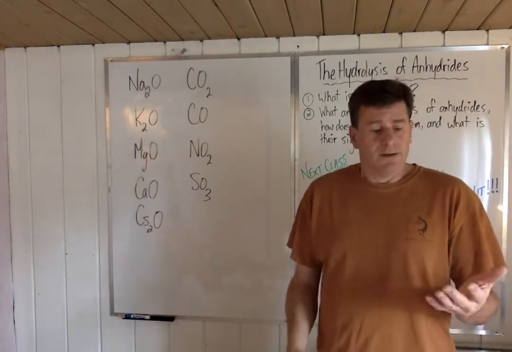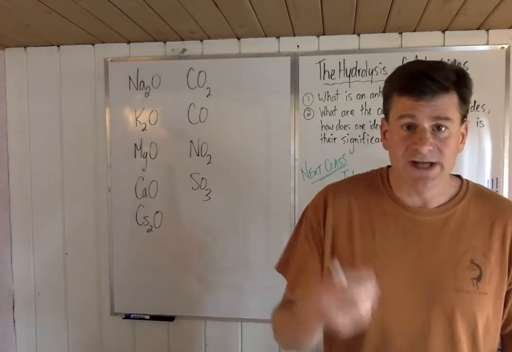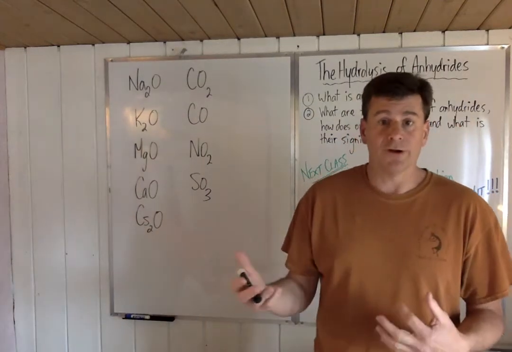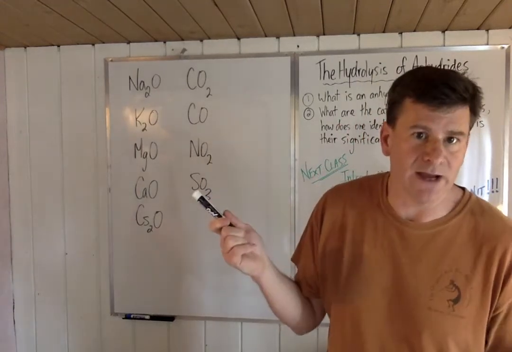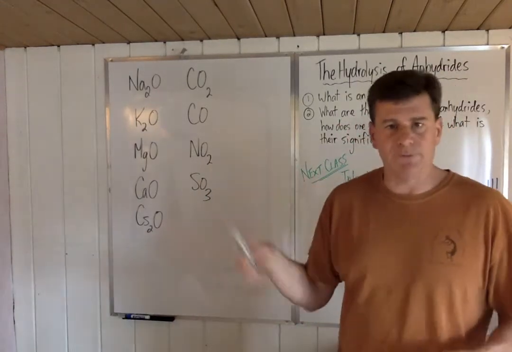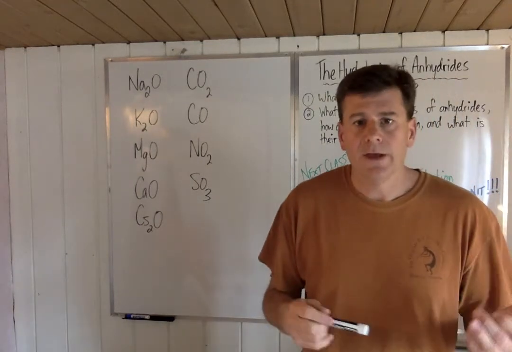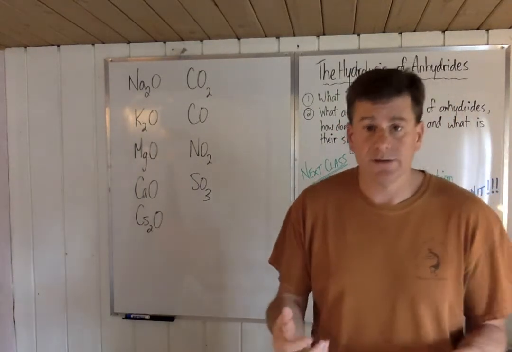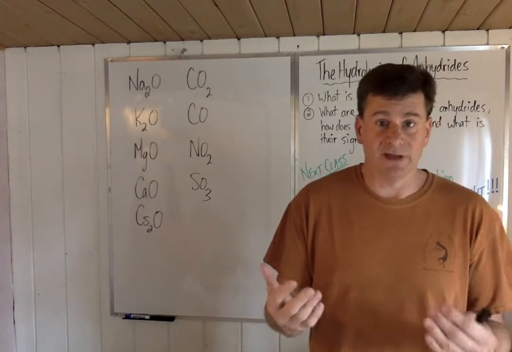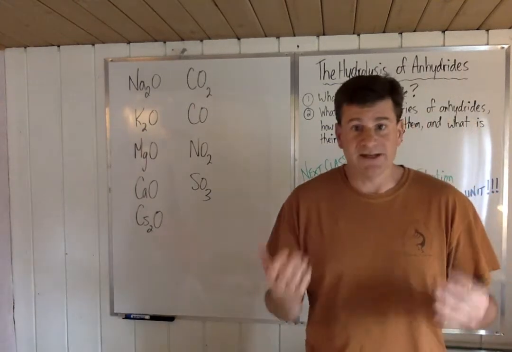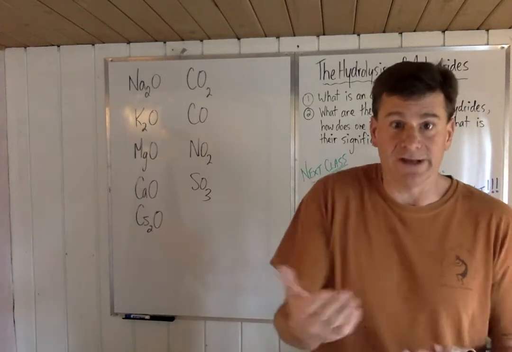Okay? You don't just get anhydrides by taking a compound and removing water from it. You'll also notice that any of these compounds that I put up here on the board can also be formed through a synthesis reaction between the element that's on the left and oxygen. And anytime you're reacting with oxygen, you're burning something.